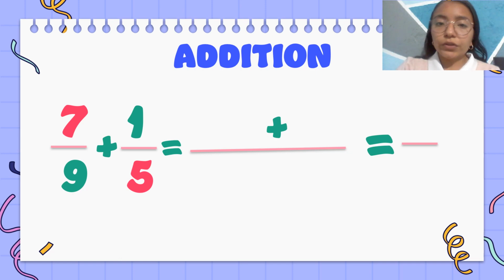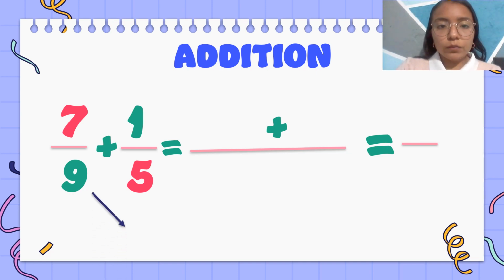There is also the sum of fractions with different denominators. For this, we need to multiply the numerator of the first fraction by the denominator of the second fraction and put it on top to get the result.